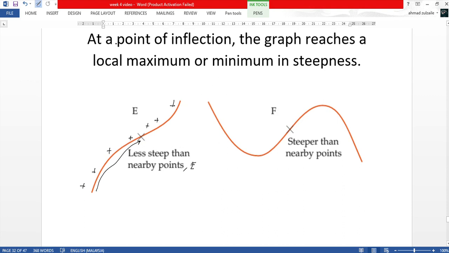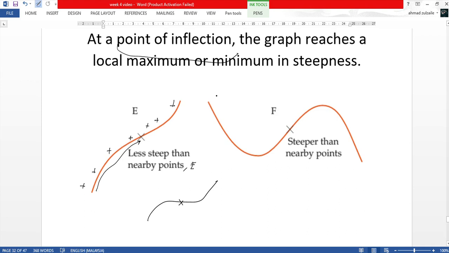Actually point of inflection ni dia ada dua type. Point of inflection consists of two types. Type number 1, dia include stationary point dekat sini, dekat E ni. You have to read the slide, ada email, because the explanation is more detailed.